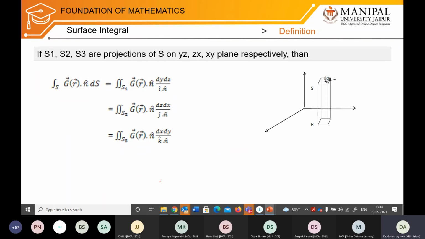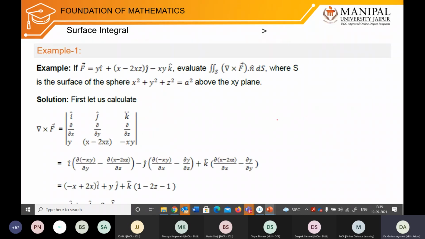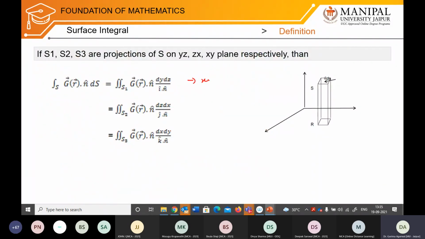If I need to find the surface integral by using the projection, this one is for the yz plane, this one is for the zx plane, and this one is for the xy plane, right? These are the formulas of surface integration.